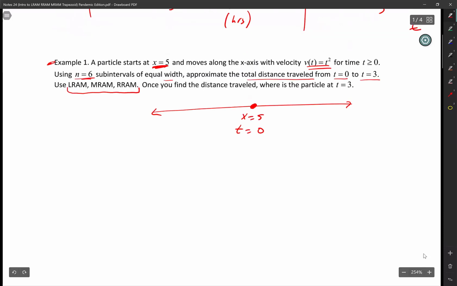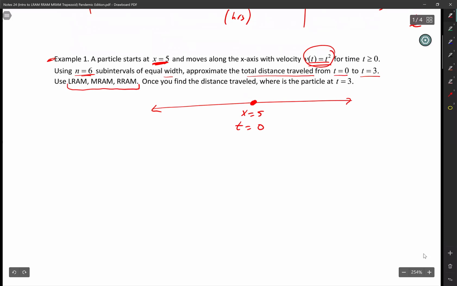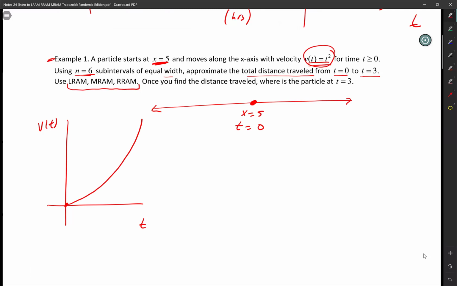The velocity is dictated by t squared. It doesn't have units, so it just has that and then time. How does t squared look? I'm going to exaggerate it, and t squared looks like that. And I'm going slow.